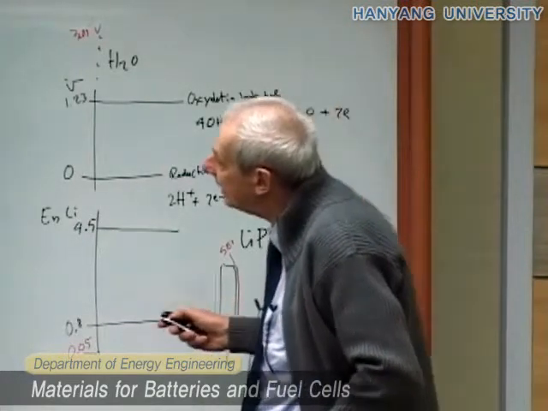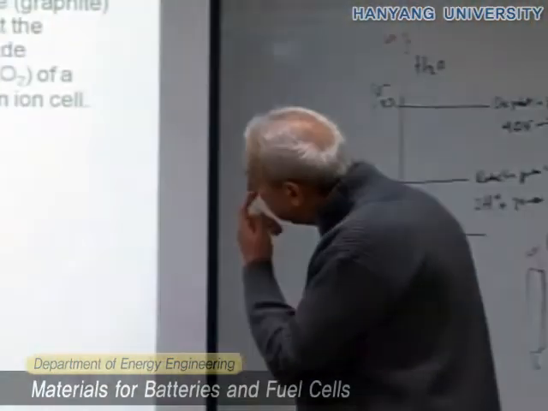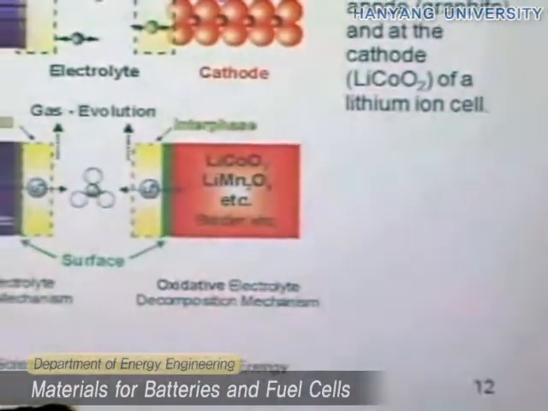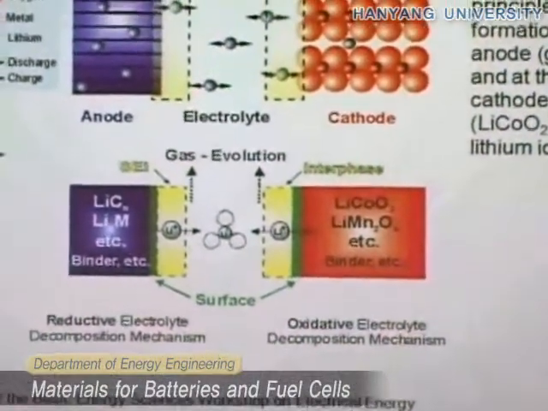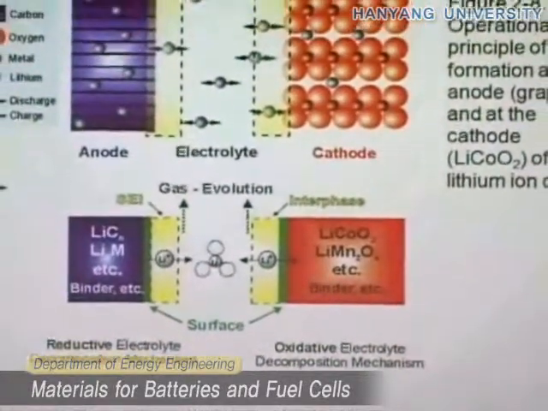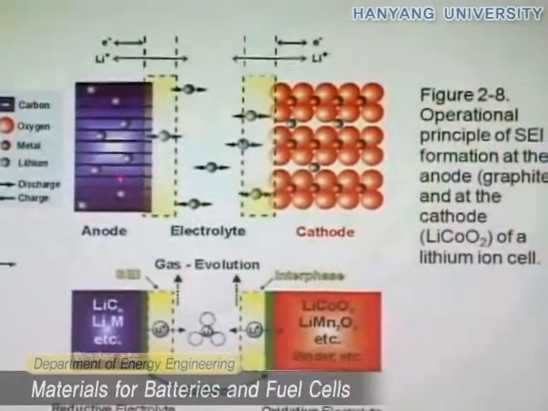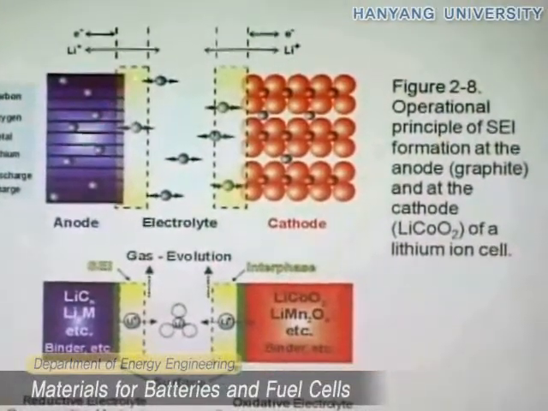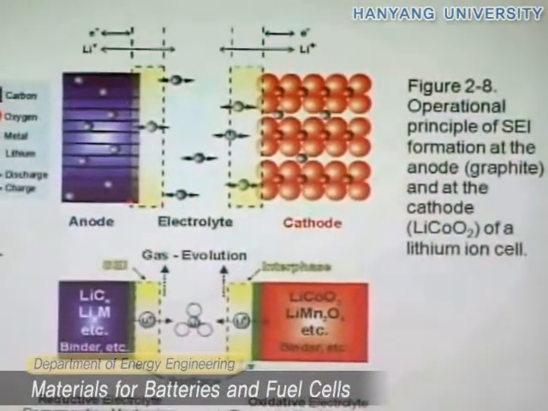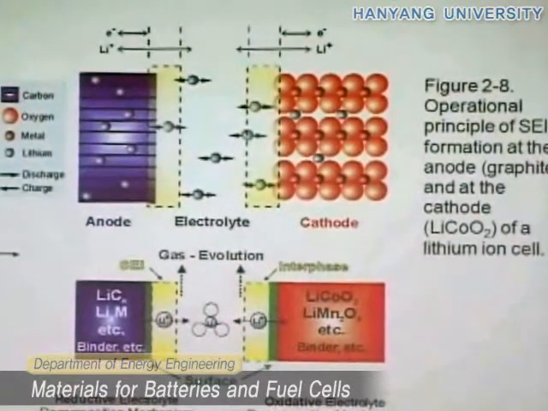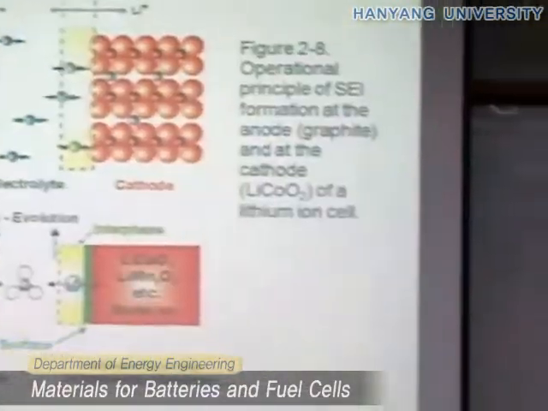And here is indicated the scheme. You see, here at this side, this is graphite, okay? And this yellow stuff here is the so-called solid electrolyte interface that, unlike the lithium case, is very uniform.